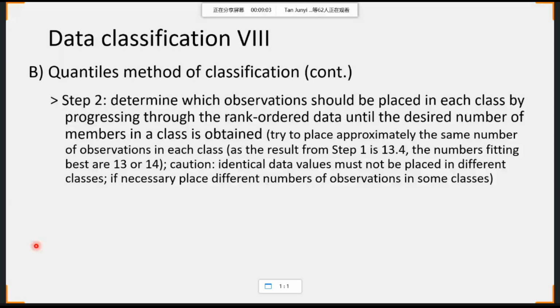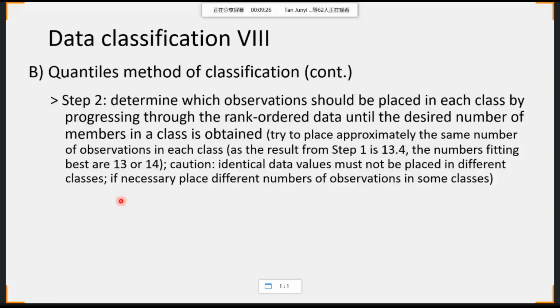The second step: determine which observations should be placed in each class by progressing through the rank-ordered data until the desired number of members in a class is obtained. Try to place approximately the same number of observations in each class.